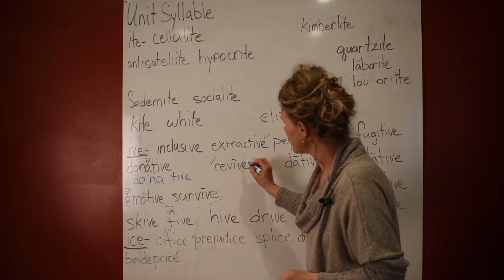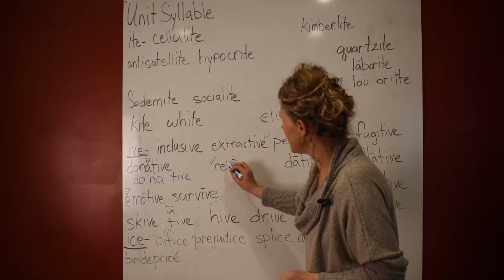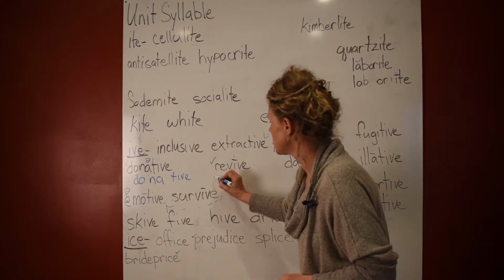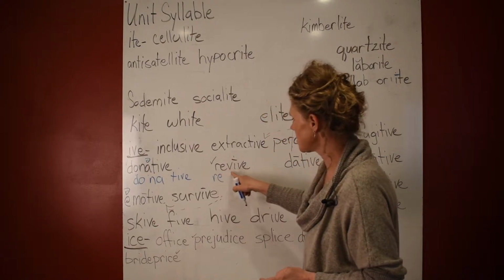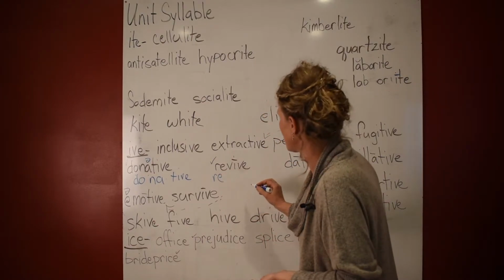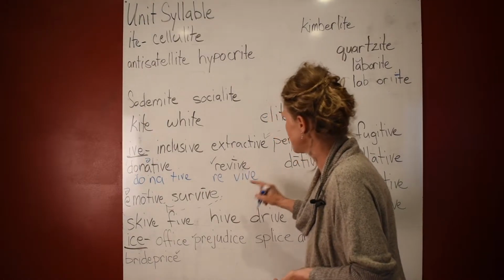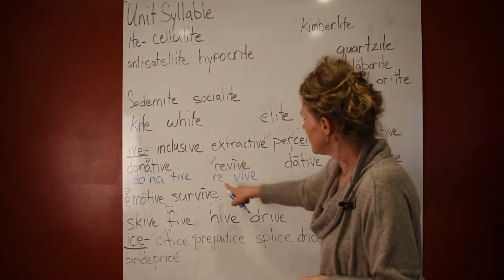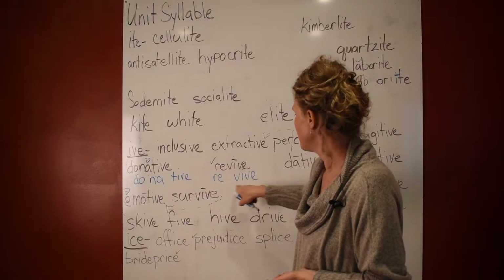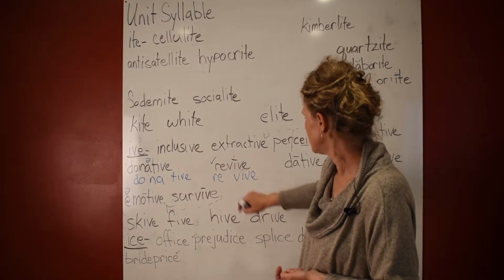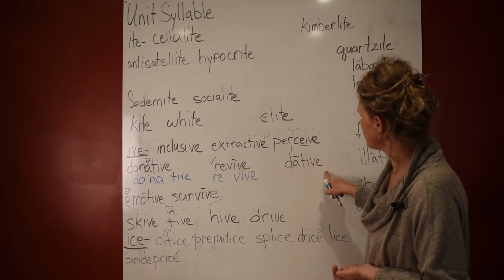So same thing with this one. You have your IVE, it's gonna grab that consonant. So these ones are super easy to break. For one, it's only a two-syllable word, but this snags it over here and it goes revive. See how easy that is to break it? This is an open syllable, and this is your unit. Now this one's the same thing.